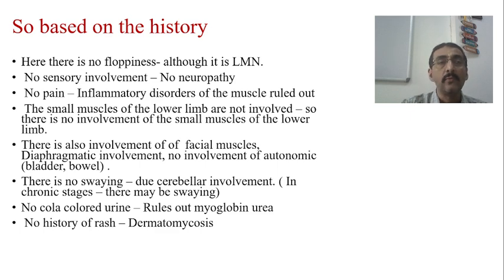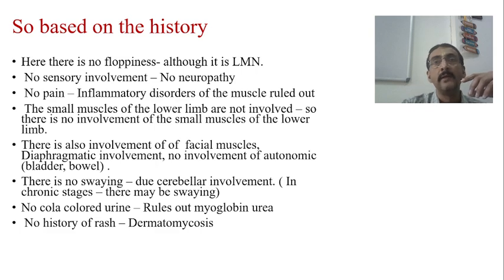So what is the importance of asking about cola-colored urine in this particular case? There is a condition called myoglobinopathies. We know that myoglobin is also present in some of the muscle cells.